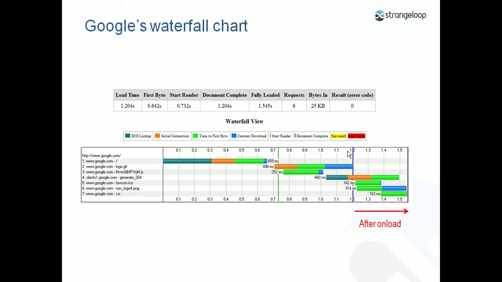We also talked about this blue line and how this is the onload event or the document complete time. Notice that sometimes you can get resources after this time. This is usually what happens post onload event, which is something the browser fires that says the page is kind of ready. But there are techniques and mechanisms out there that use the onload event and load things into the browser after it.